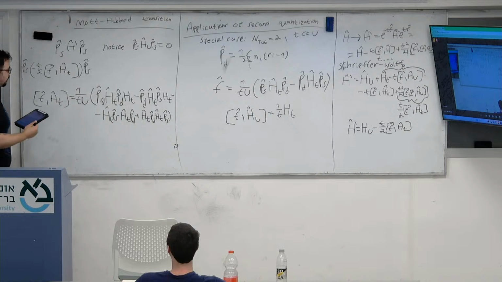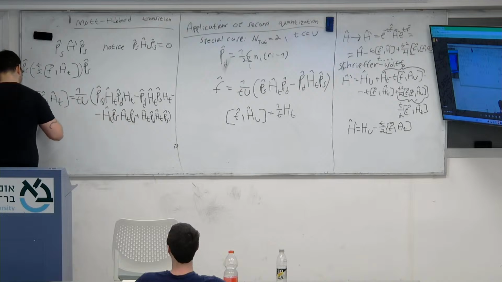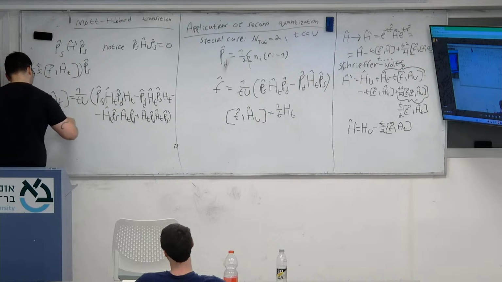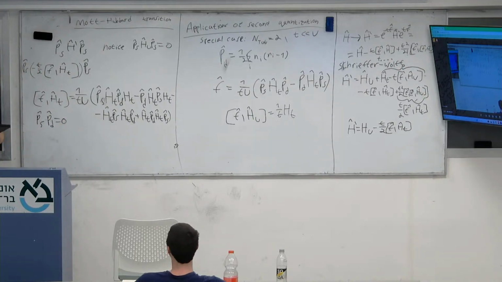The second thing we need to notice is that P_S times P_D is 0, since you can't project into two different spaces at the same time.